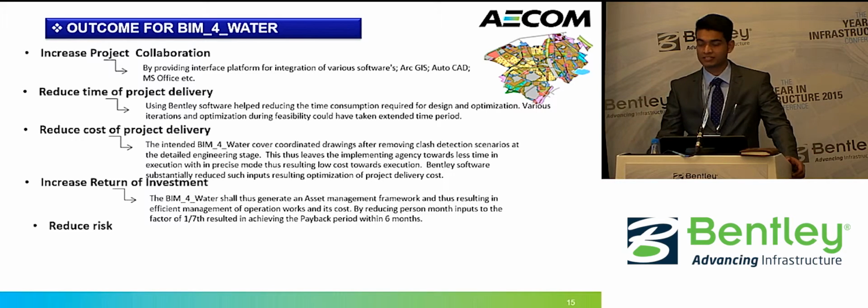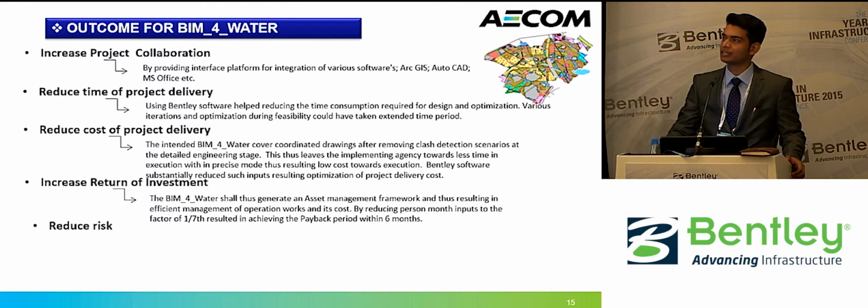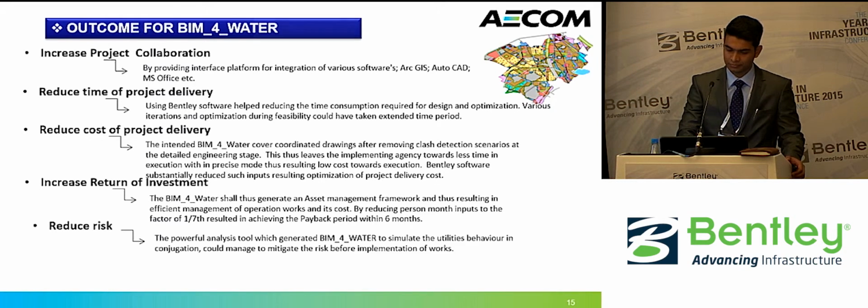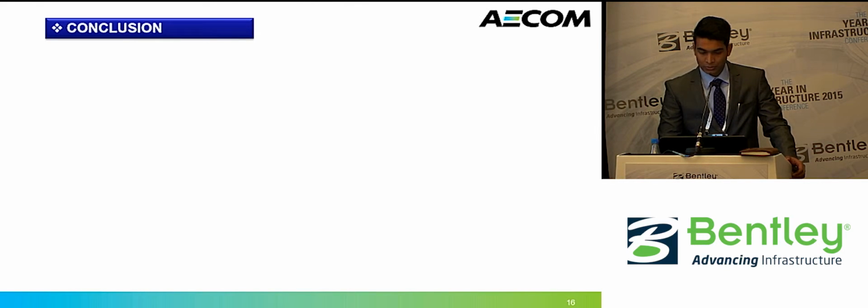And reduced risk. Yes, with the help of Bentley software, we can see future hurdles, like any congestion between utilities, and the behavior of utilities, all water, drainage, and sewer utilities, before the execution. Then the conclusion.